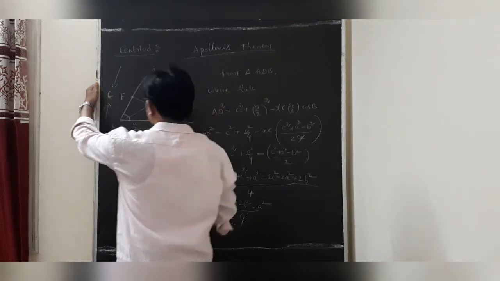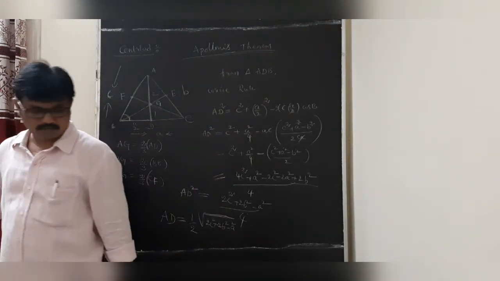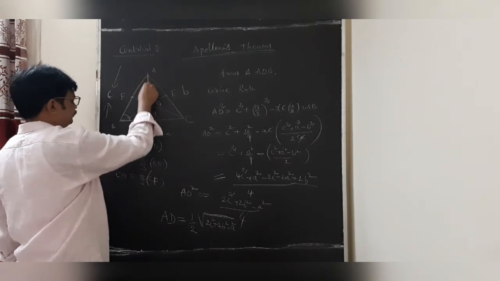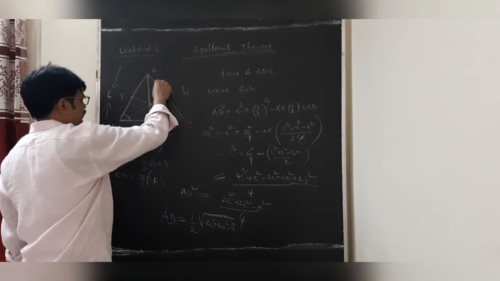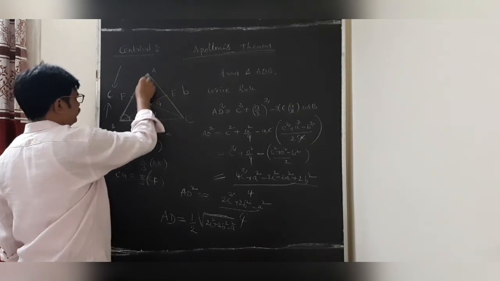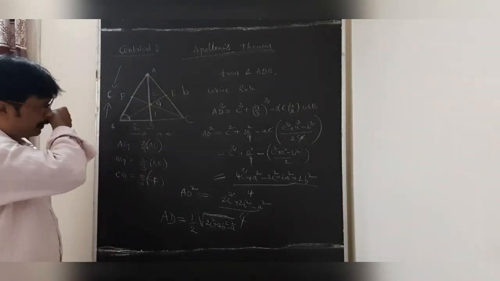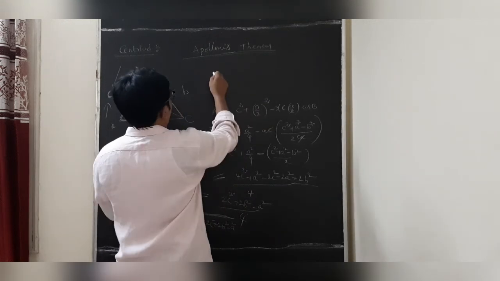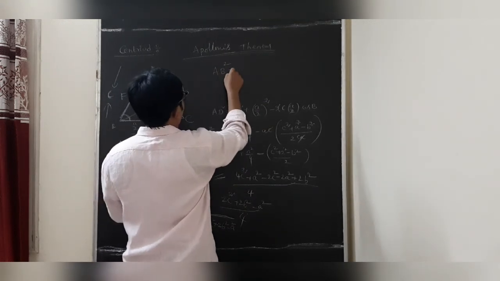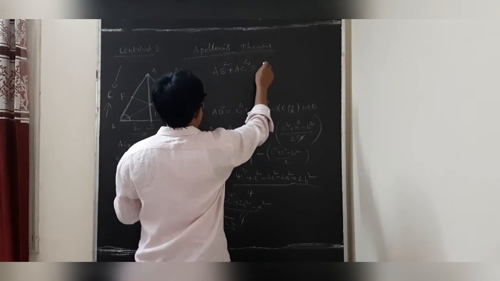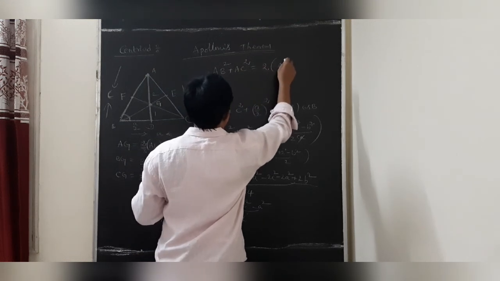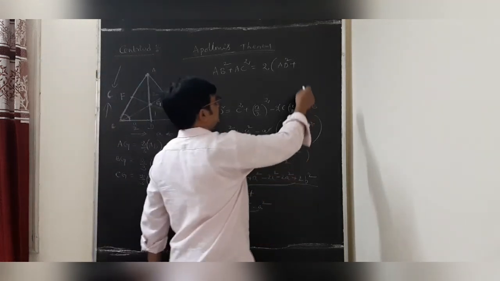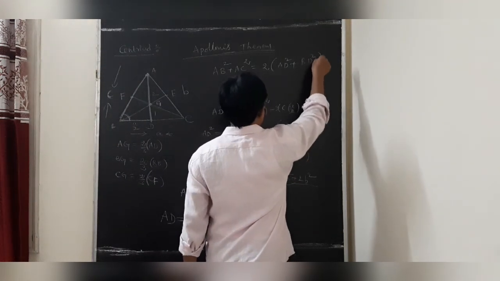Here the median is AD, and these are the adjacent sides of the angle A, AB square plus AC square. The Apollonius theorem is AB square plus AC square equals twice into AD square plus either BD square or DC square. This is nothing but Apollonius theorem.